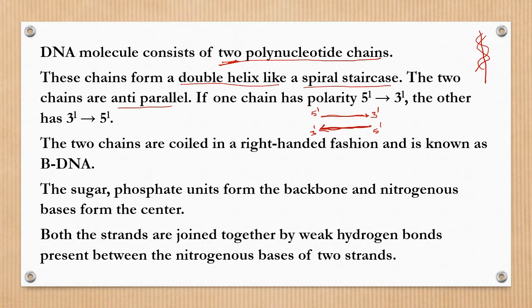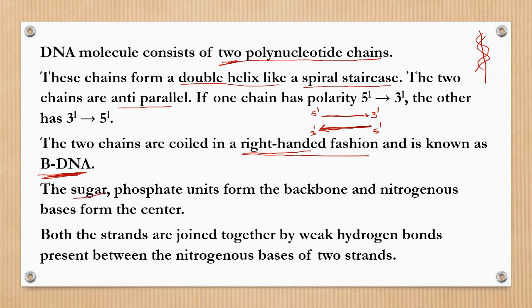Now the two chains are coiled in right-handed fashion and is known as B-DNA. This B-DNA structure was proposed by Watson and Crick. So the two chains are coiled in a right-handed fashion.